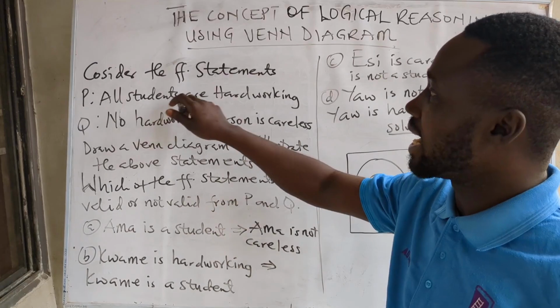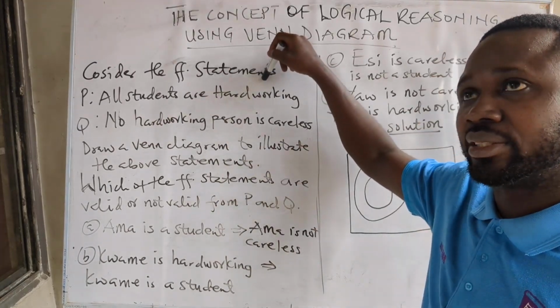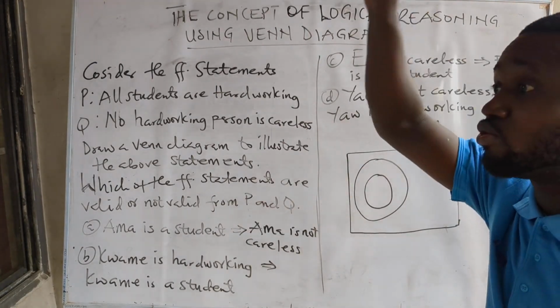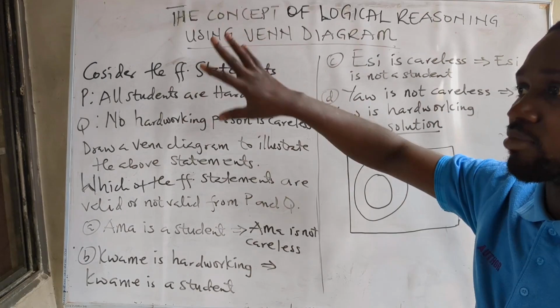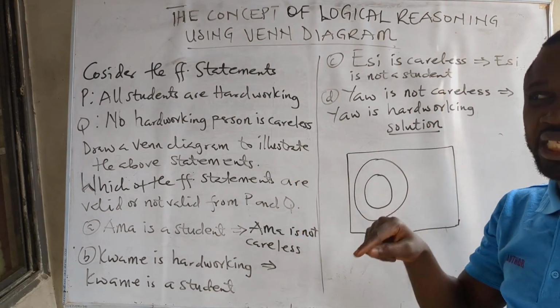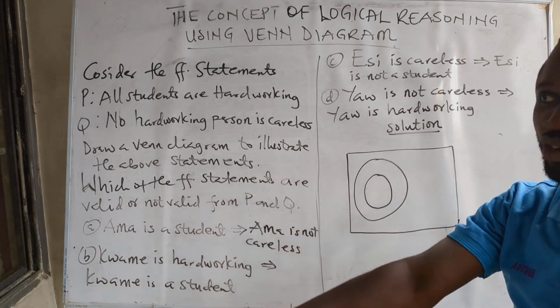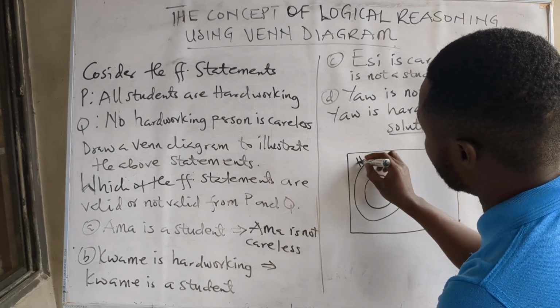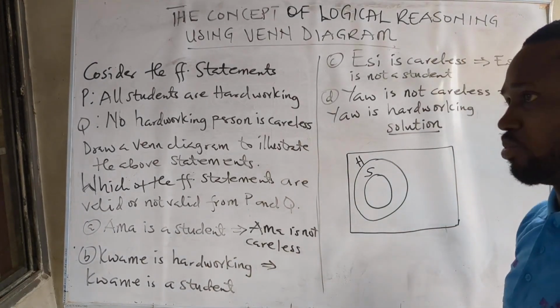It means that students are a subset of those that are hardworking. Every student, no matter who you are, according to the statement, you are hardworking. It means that the moment you are a student, automatically you are part of those that are hardworking. So hardworking will become the bigger set and students will be inside.